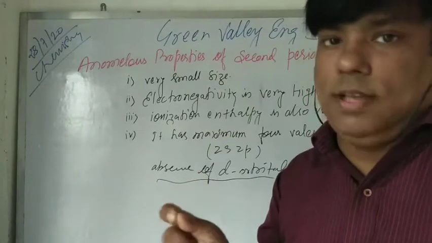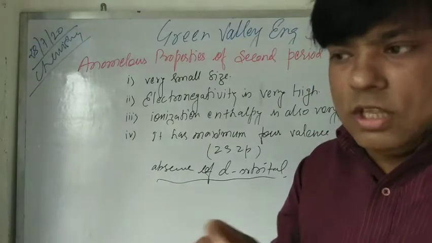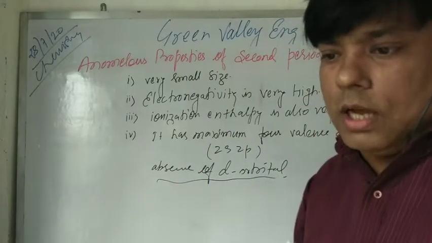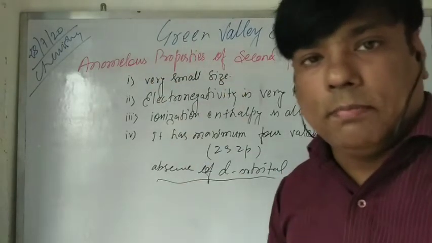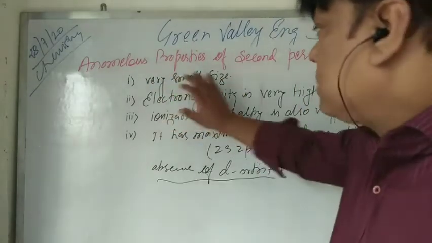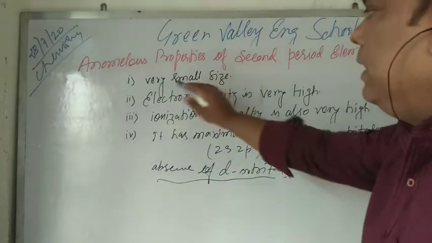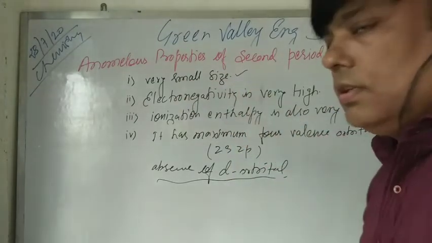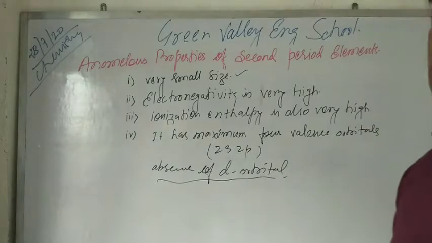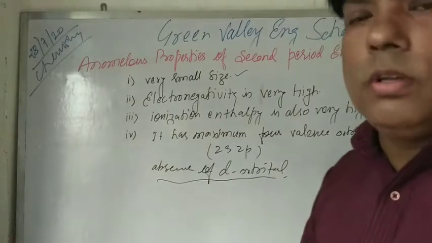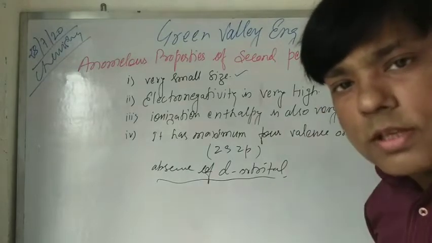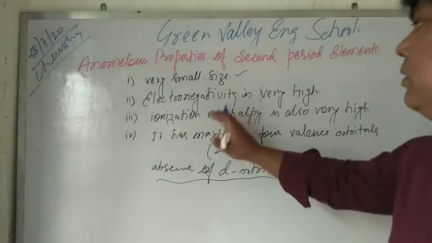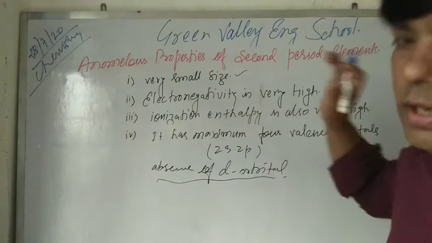There is a large difference of atomic size between first member and second member. Like fluorine is very small than chlorine, bromine, iodine. Lithium is very small than sodium, potassium. Electronegativity is very high.